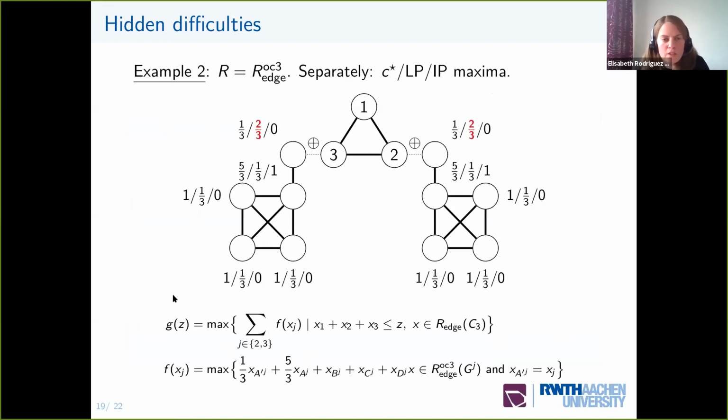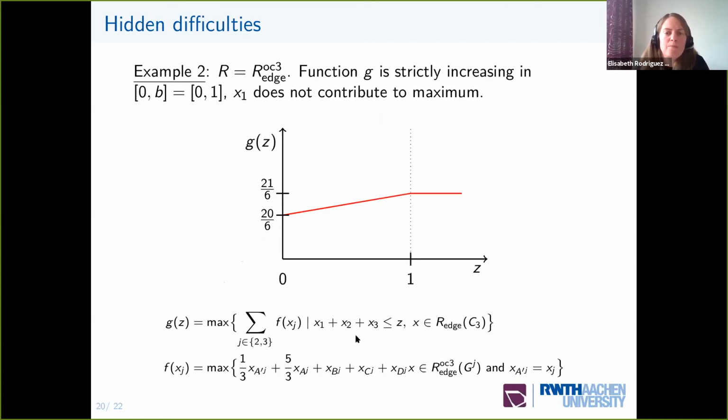So just to give you a very brief idea of how we deal with this. We define a function G, which considers the contributions of the graphs G out, forgetting about node 1 for a moment, in the objective function. So we study the function modeling these contributions in terms of the right-hand side of one of those missing facets. We see that the function has some nice properties.